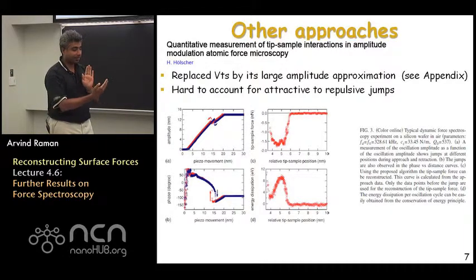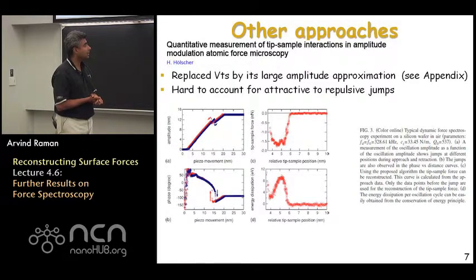That's because when the tip is in the attractive regime of oscillation, it approaches a certain minimum distance, and as you approach the Z a little further and transition to the repulsive regime, the minimum approach distance of the tip changes suddenly from being a certain distance from the surface to really impinging on the surface. That discontinuity creates numerical problems which require us to stick to the reconstruction in only the attractive regime when one is dealing with these kinds of transitions or jumps.